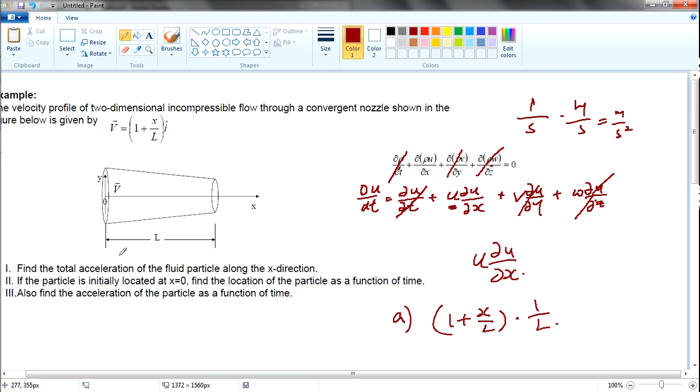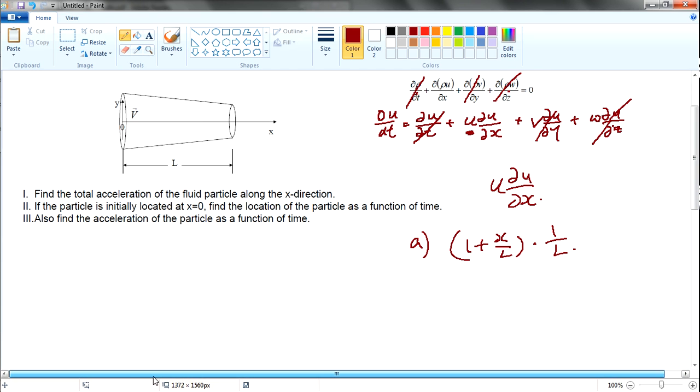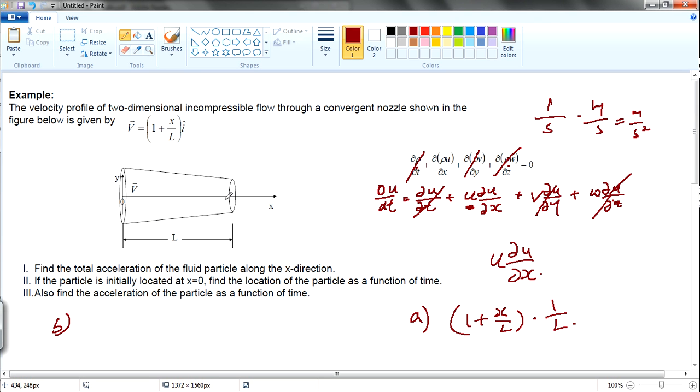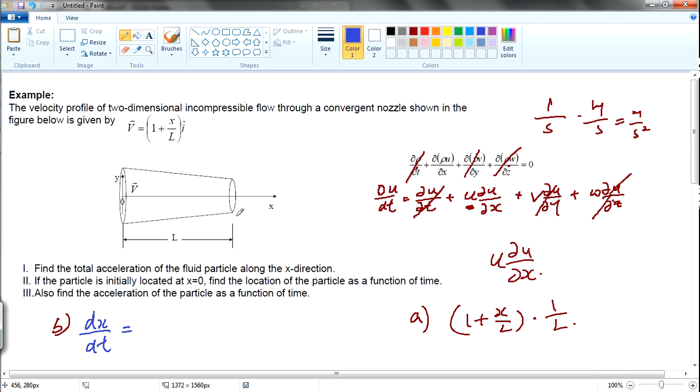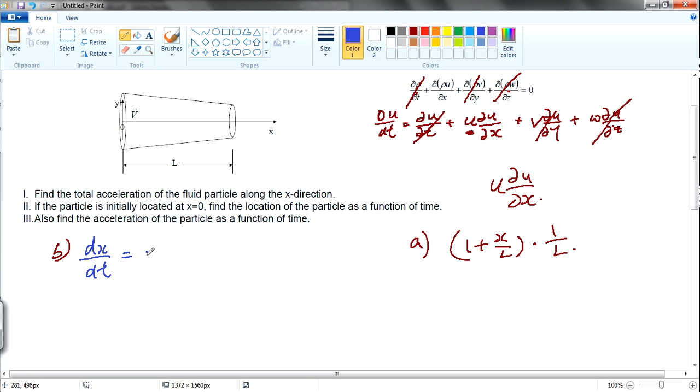So now part 2: if the particle is initially located at x equals 0, find the location of the particle as a function of time. So we know that, hold on, we know that the velocity is dx/dt, right? And the velocity itself is equal to 1 plus x over L, right?